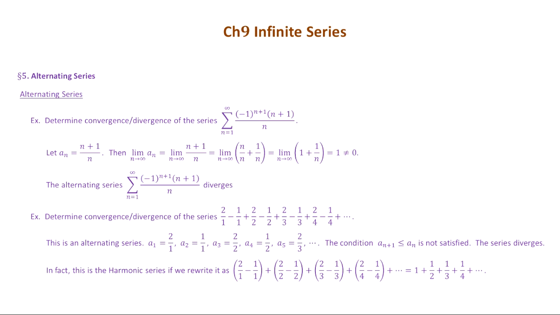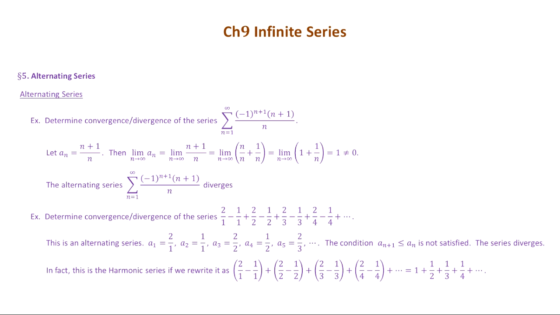So you can see initially the magnitude decreases, but as it goes from a_4 to a_5, you can see it's increasing now. 1/2 is less than 2/3. So the condition a_(n+1) less than a_n is not satisfied, so the series diverges.